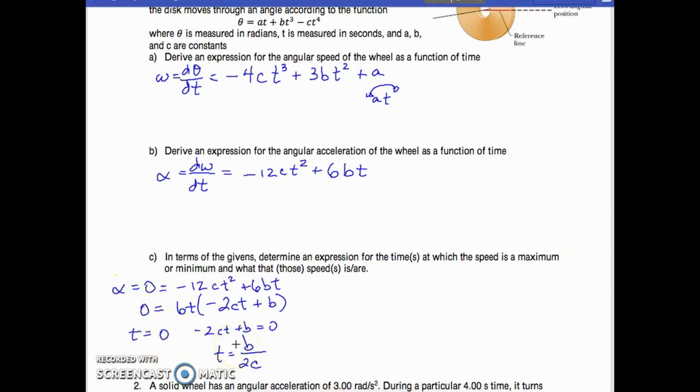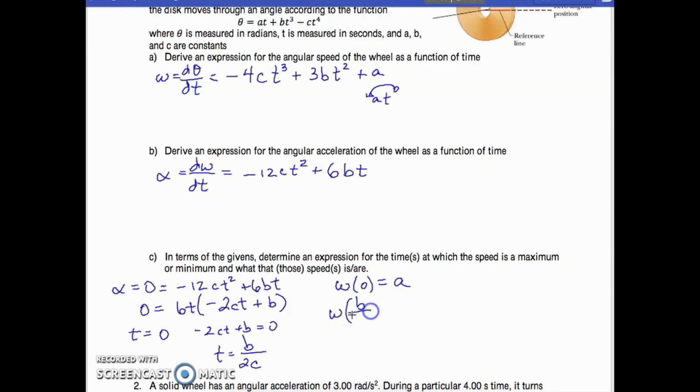So the acceleration is equal to 0 at these 2 times. And when the acceleration is equal to 0, that tells us that the speed is either a maximum or a minimum. So we can take the 2 times and insert them into our above expression. So if we plug in 0 for t into this top expression, we get the original speed of a.